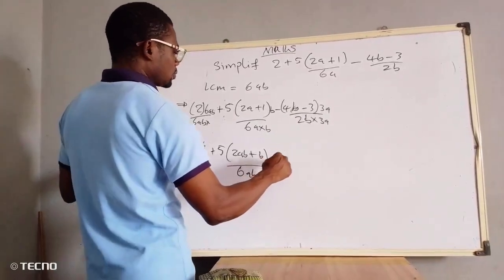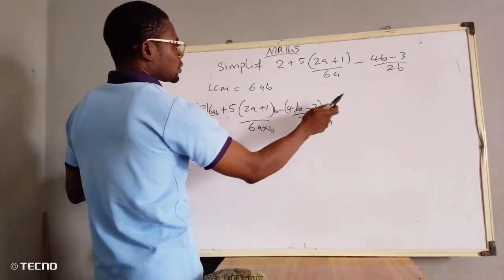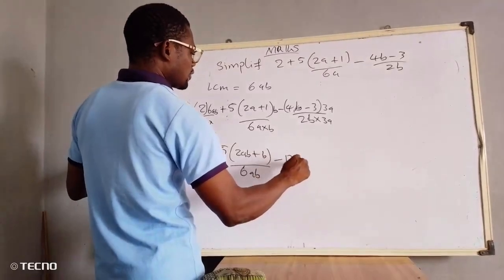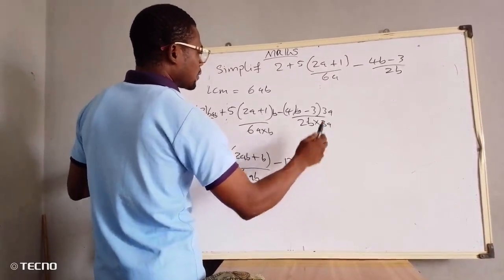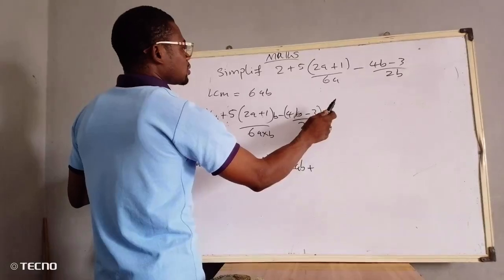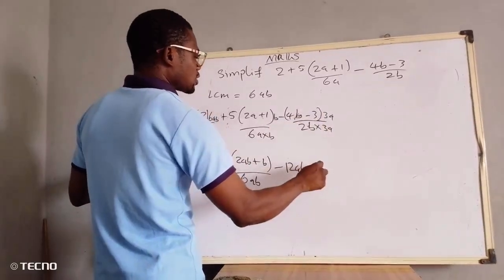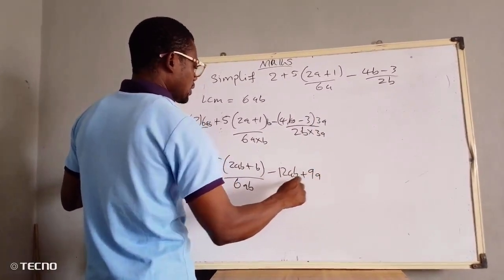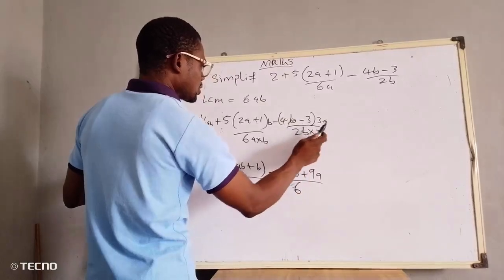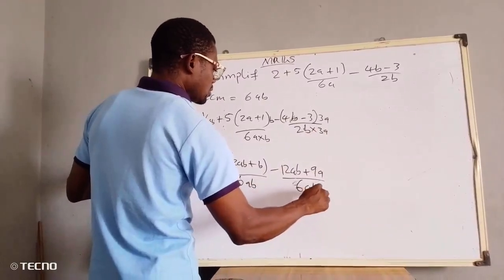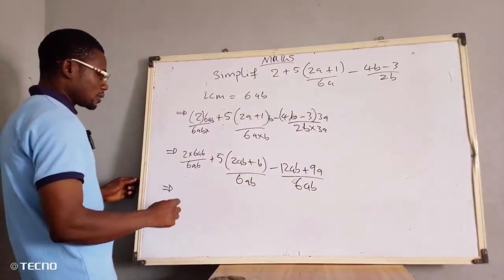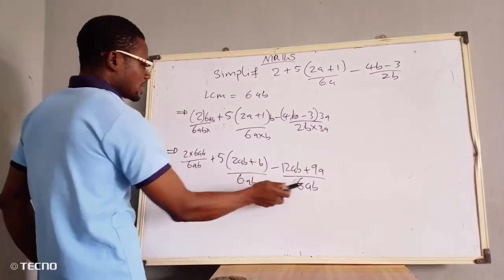6AB minus 3A times 4B will give us 12AB minus, okay, 3 times this will give us 9A, all over 6AB. Okay, 6AB. Very good. Now the denominators are the same, right?